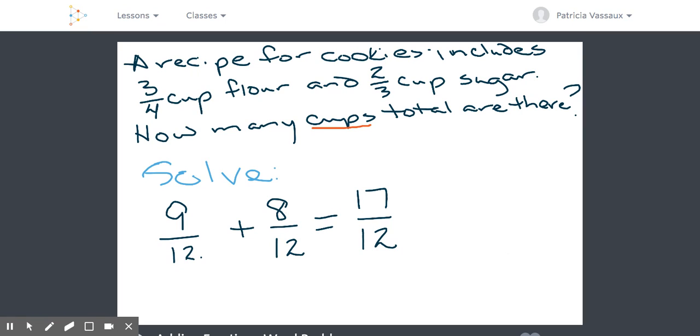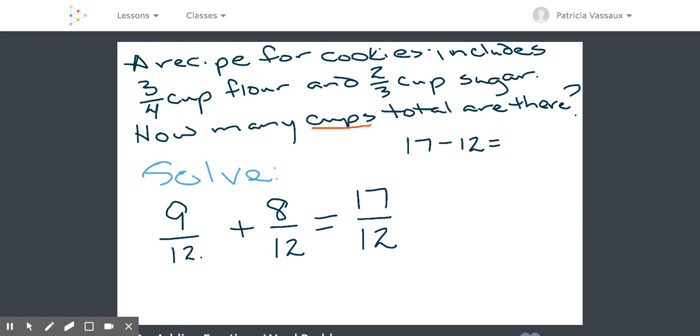So we have to figure out how many wholes we can pull out. We know that 12 pieces represents the whole, so we can pull one of those wholes out of the numerator. 17 minus 12 gives us 1 whole.